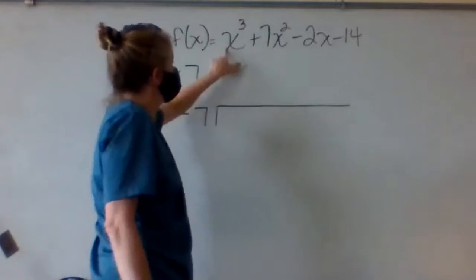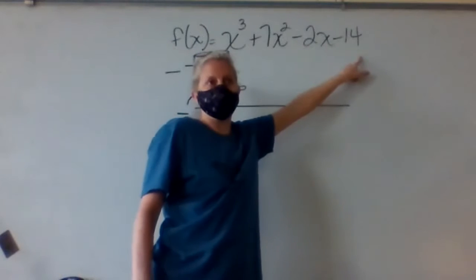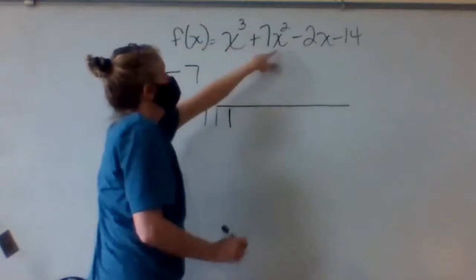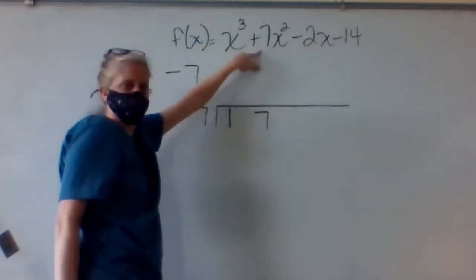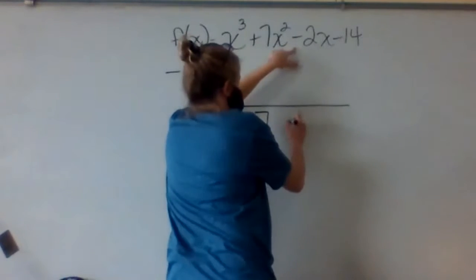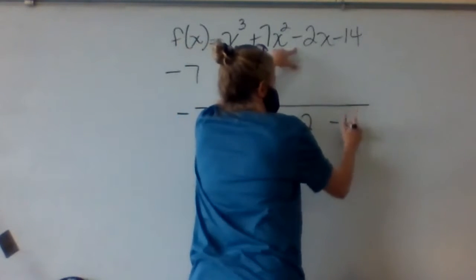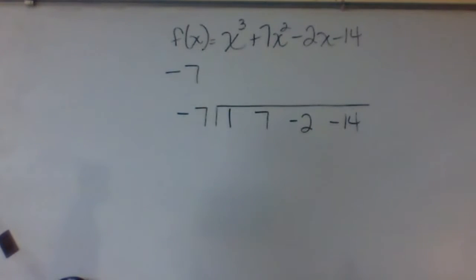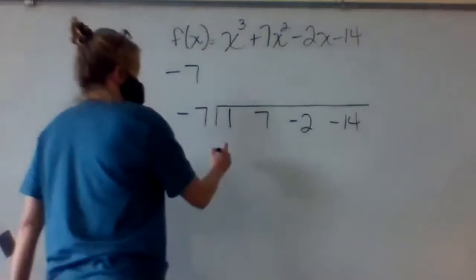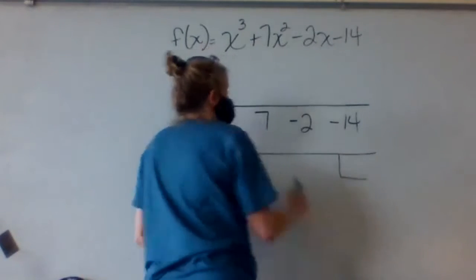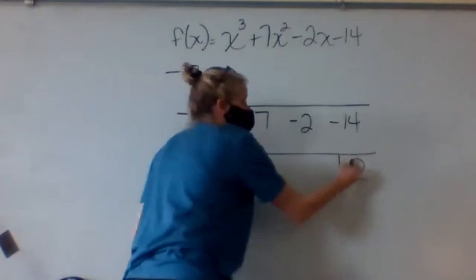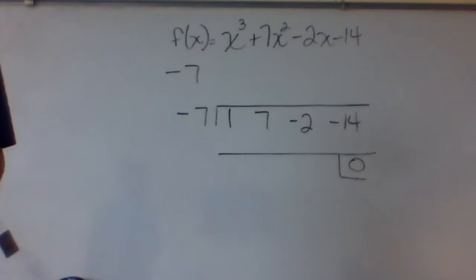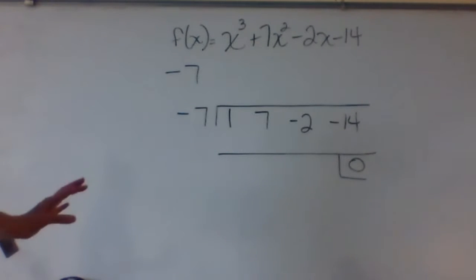Remember what you put in here: the coefficients of this function, which would be a 1 in front of x cubed, a 7 in front of x squared, a negative 2 in front of x, and then the constant is negative 14. Now, when I do synthetic division, since that's a zero, I should end up with no remainder at the end, right? That's what makes it a zero, ending up with no remainder over there.